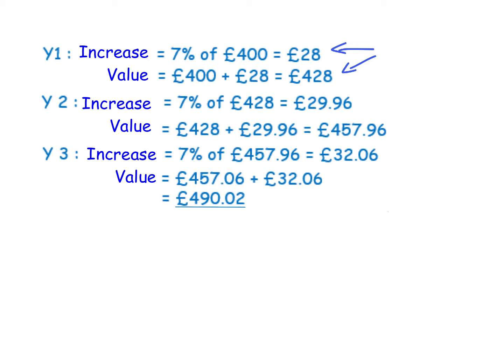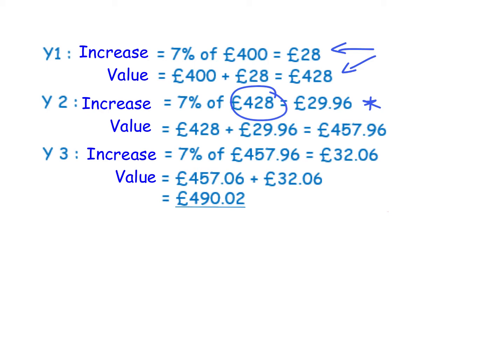We then do the exact same process again for year 2. We find 7%, using a calculator, with some combination of 7 divided by 100 or 0.07, whichever you're comfortable with. The new value of the interest is £29.96, slightly more than the first year because your starting value was more. Your clock was now worth 428, so the increase is slightly more.